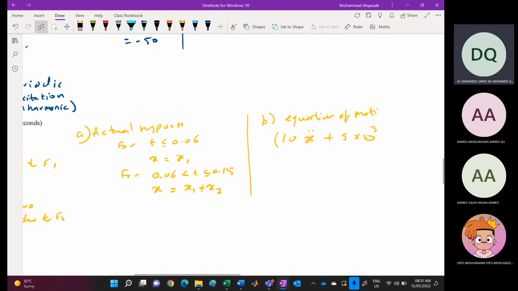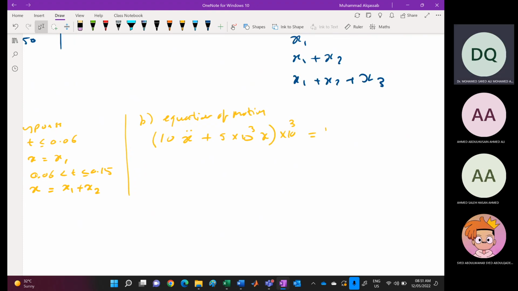So again, you need to put here equal to 400.